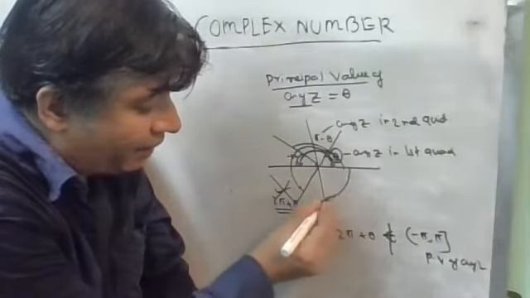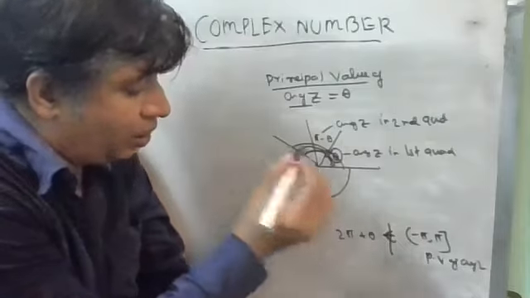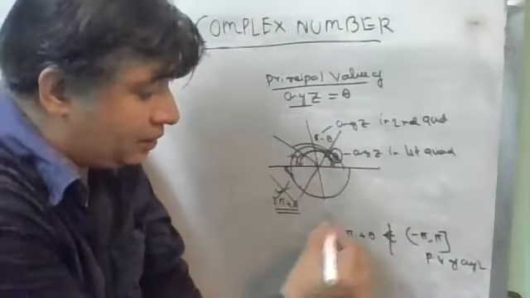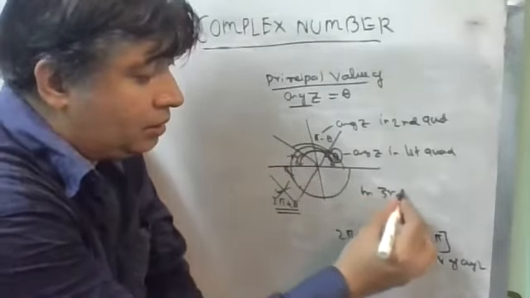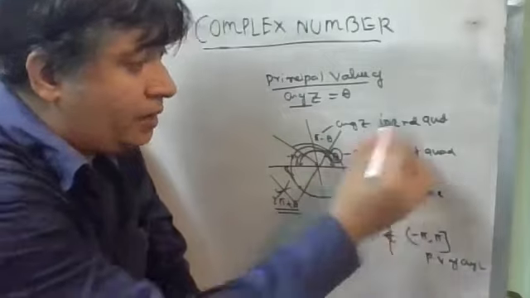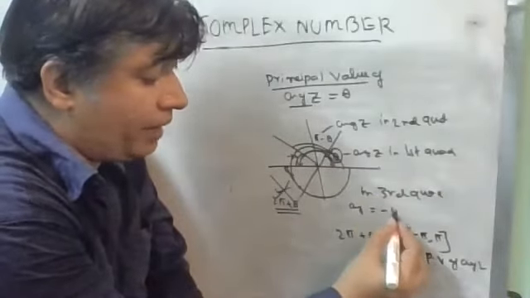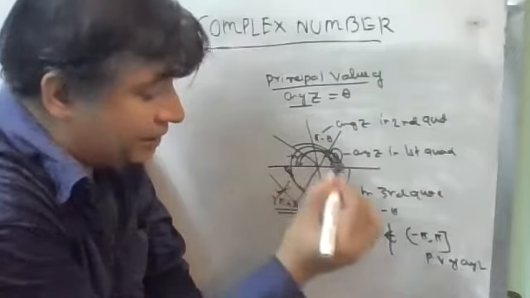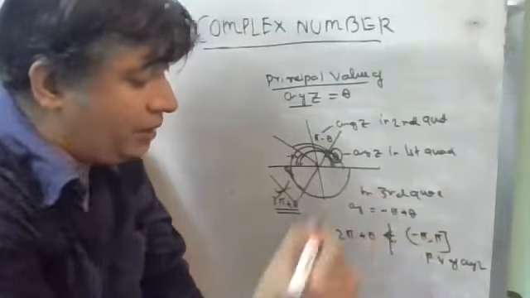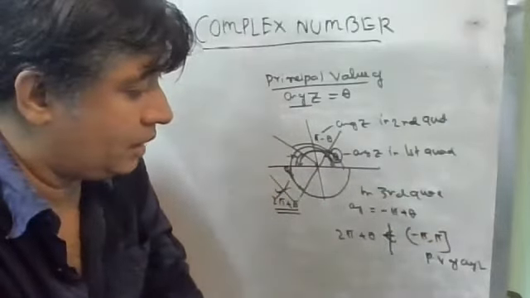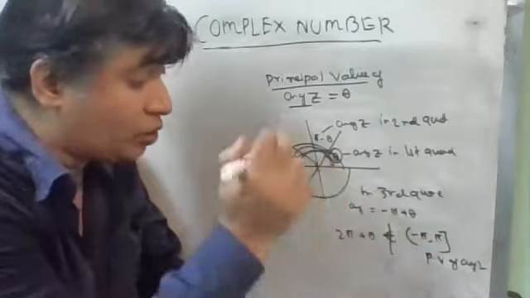Take minus pi, meaning clockwise. In the third quadrant, the argument of z is minus pi plus theta. Okay, minus pi plus theta. And what about the fourth quadrant?